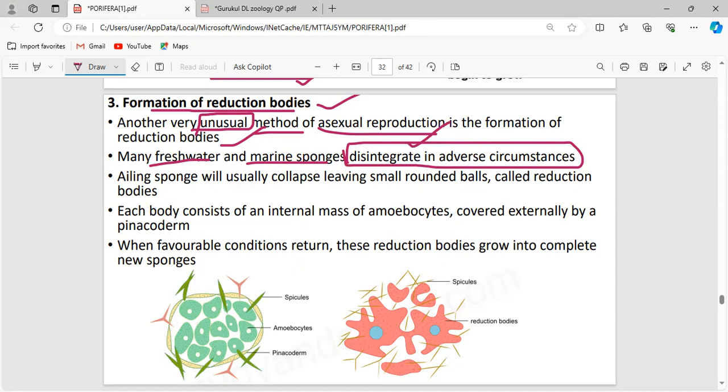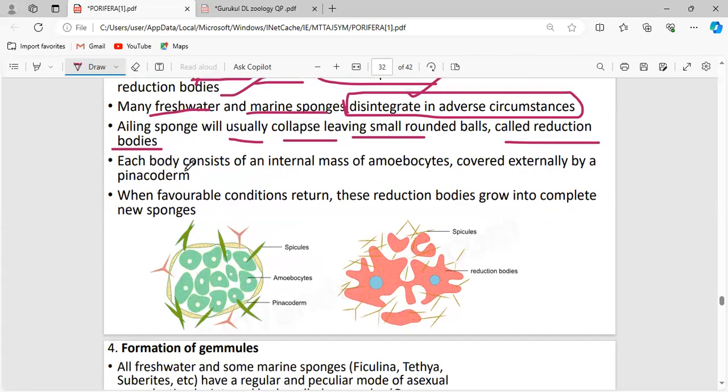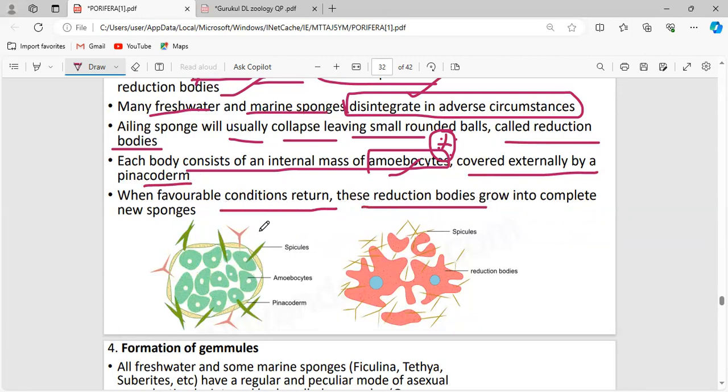Under unfavorable conditions, an ailing sponge will usually collapse, leaving some small rounded balls, which are called reduction bodies, and each body consists of an internal mass of amoebocytes. See, what are the important cells seen in this type of reproduction? Amoebocytes covered externally by the pinacocytes. When favorable conditions return, these reduction bodies grow into complete sponges.